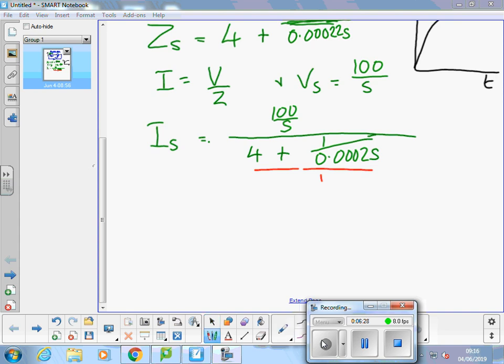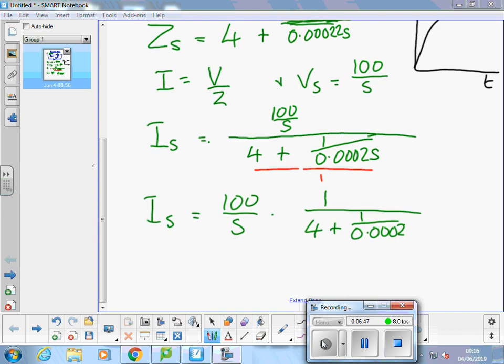Okay, so we rewrite that as 100 over s times 1 over 4 plus 1 over. I should have a 2, 2 there, shouldn't I? Yep. So when we get to that position, we've got one fraction divided by another fraction. We turn the bottom one upside down and multiply.